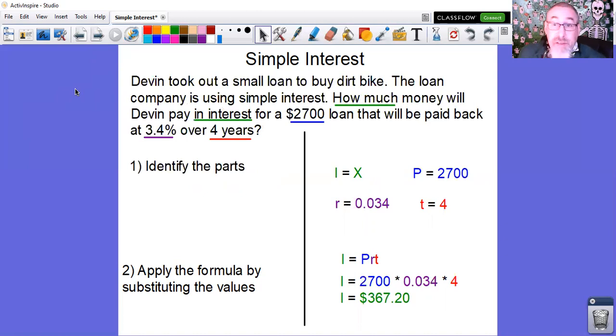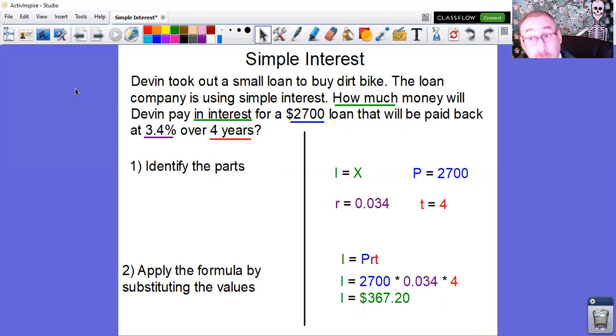All right, here's another scenario. Devin took out a small loan to buy a dirt bike. The loan company is using simple interest. How much money will Devin pay in interest for a $2,700 loan that will be paid back at 3.4% over 4 years? So we identify our parts. Our interest is the part we don't know.